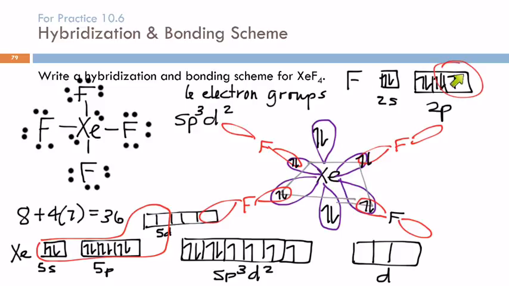So one fluorine overlaps its electron with one of these half-filled orbitals here. So that makes one bond. And then another fluorine does the same thing with another one, and so we have 4 of them. It's helpful to draw this picture when you need to go label the bonds.